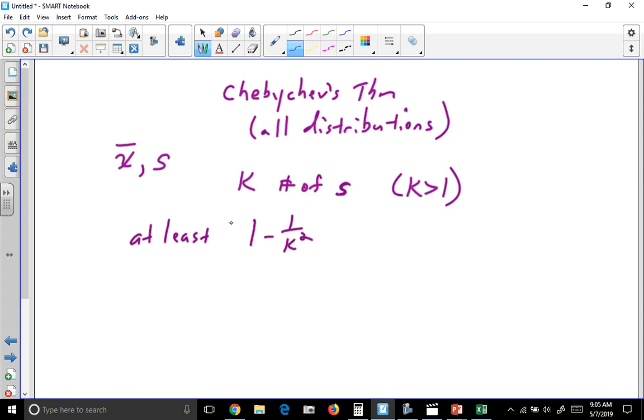We will have at least that amount of data within K standard deviations of the mean.